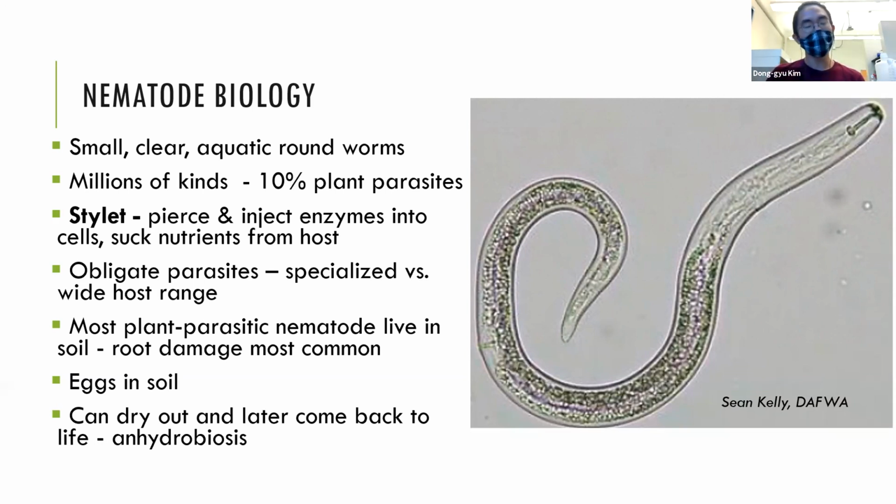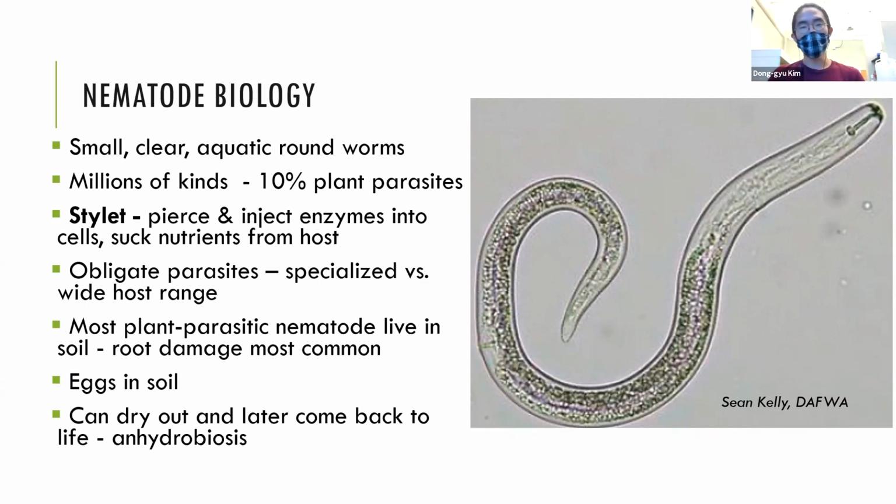And something very quirky about the nematodes is that some of these species can be very hardy, being able to essentially dry up, curl up, and then whenever water is reintroduced to the soil, the nematode just rehydrates and comes back to life.